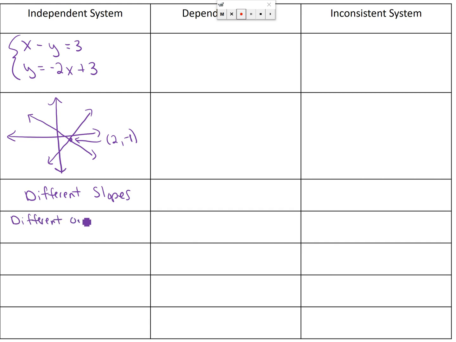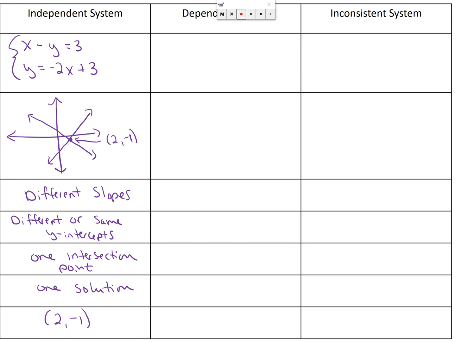You could have different or the same y-intercepts. That wouldn't matter. You have one intersection point. You have one solution. And for this one, for example, it was (2, -1).